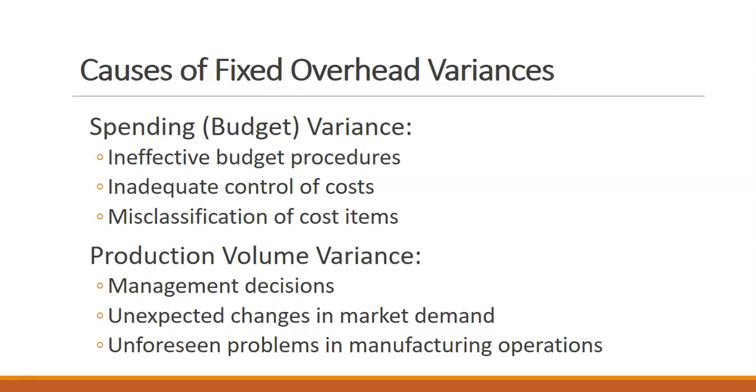Do we have items in the wrong bucket of cost pools? Production volume variance is caused by unexpected changes in market demand, changes in production levels, changes in our manufacturing operations, or management decisions to decide whether or not to produce more.